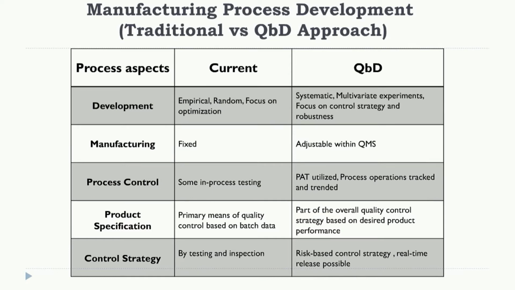In control or testing strategy, the current approach is generally testing and inspection of the product at the final stage, whereas in the QbD approach, with a risk-based control strategy, real-time release is possible before final complete testing of the product.